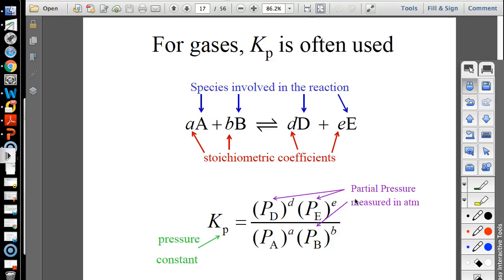And if they give you pressure instead of molarity, on the formula sheet, let's go look at that, there is a Kp expression. So the Kp expression, the equilibrium expression if you're given pressures, notice it has a pressure of C raised to c, and D raised to d. And what does all that even mean? It just looks like a hot mess.